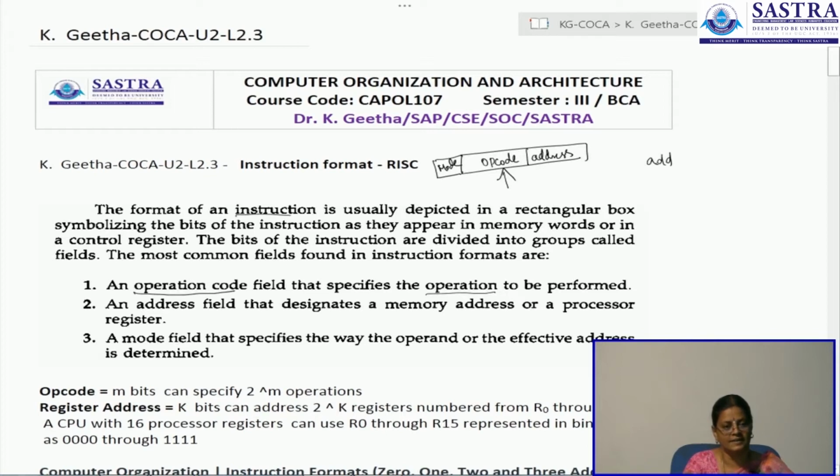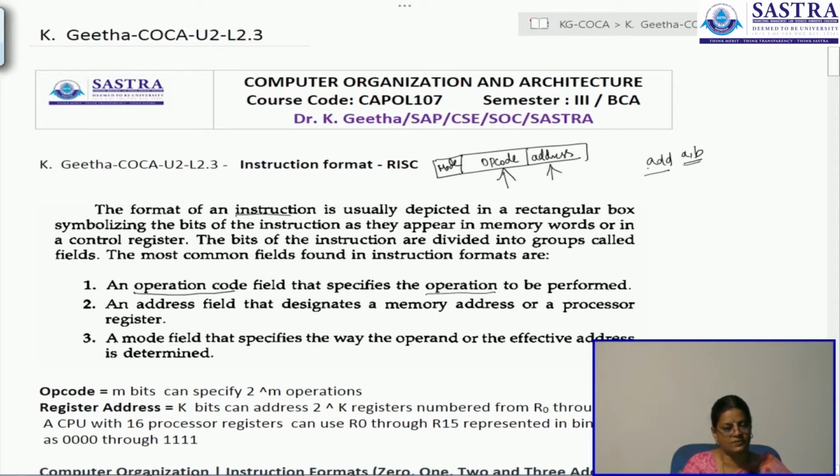Where is the data available? It can be in the memory, or in a register, or it can be immediately supplied along with the instruction. So in the address field we specify the address, add a comma b. That means it can be a register or it can be memory, wherever the data is available.